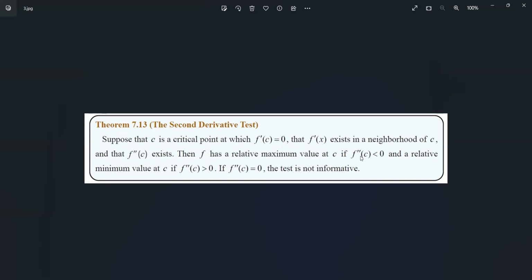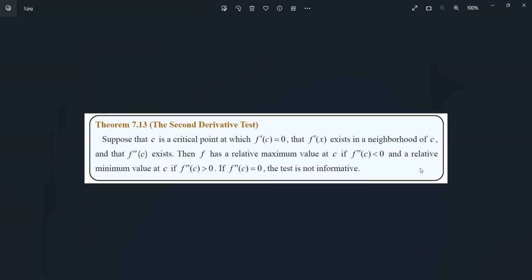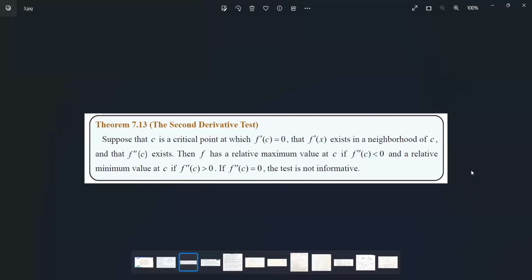If f''(c) is less than 0, it is a concave downward curve, and in a concave downward curve, this looks like a maximum value. If f''(c) is greater than 0, it's a concave upward curve, so f'(c) equal to 0 gives a minimum value. So using this, we'll solve the problems.